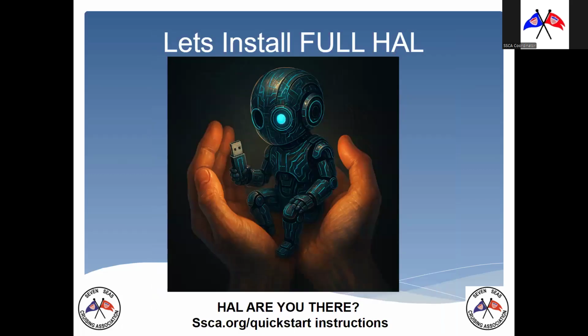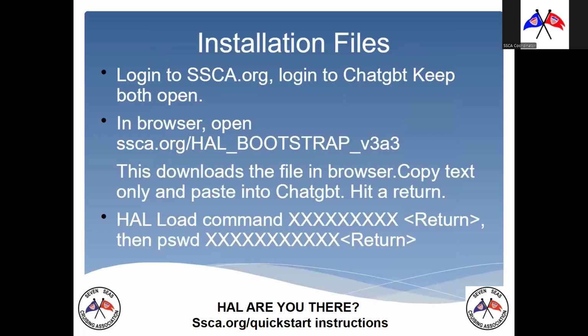So let's install full HAL. You log into SSCA, you log into ChatGPT in your browser. In the browser, you will open ssca.org/HAL bootstrap. And you can see the exact string that you're going to open up. It brings it up in the browser.